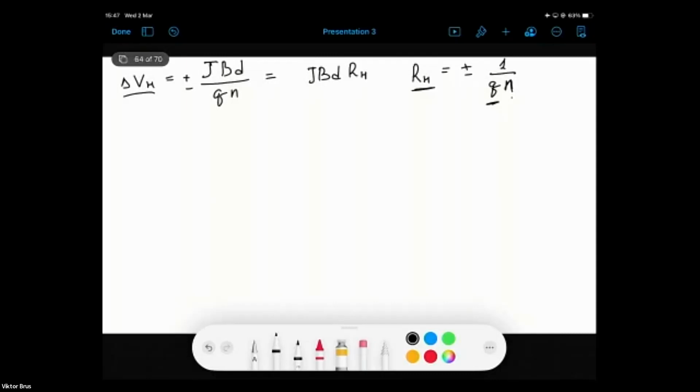How can we get the Hall coefficient? Let us take a look at potential difference, Hall voltage, and this equation.